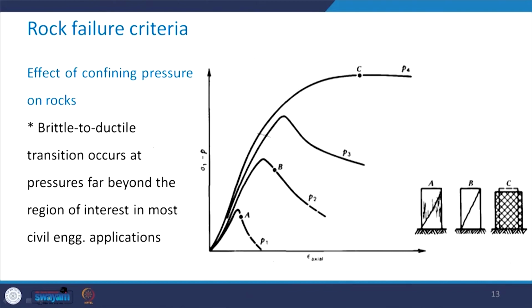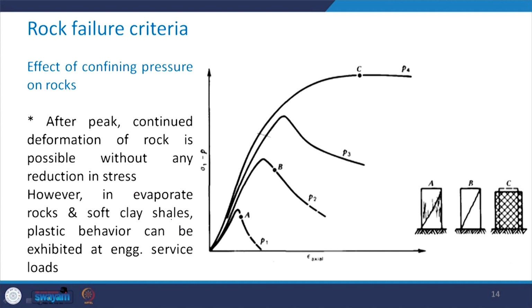Let us see. This brittle to ductile transition occurs at pressures which are far beyond the region of interest in most civil engineering applications. However, in some rocks like evaporite rocks or soft clay shales, this plastic behavior can be seen at engineering service loads itself.